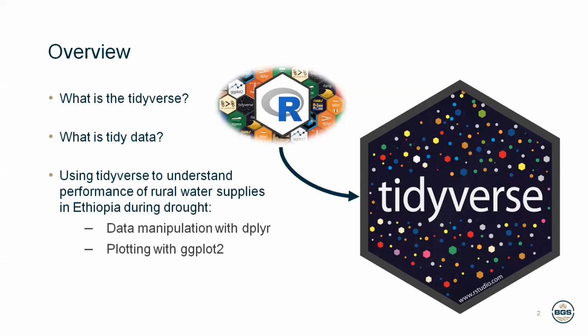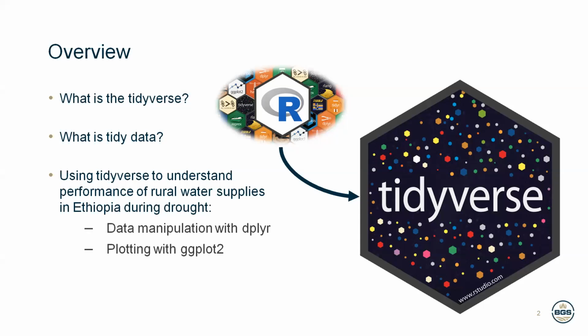So just a bit of an overview of what I'm going to talk about today. Firstly, I want to introduce you to what the Tidyverse is. Basically, the Tidyverse is just a series of packages in R that you can use to clean, manipulate, load, tidy data. But it uses this underlying theory of tidy data, and I'll introduce you very briefly to this concept of tidy data as well.